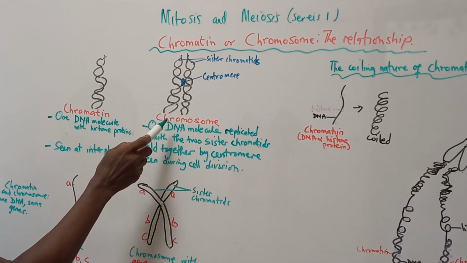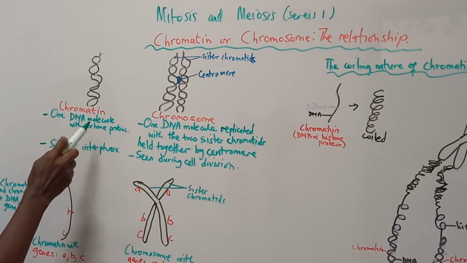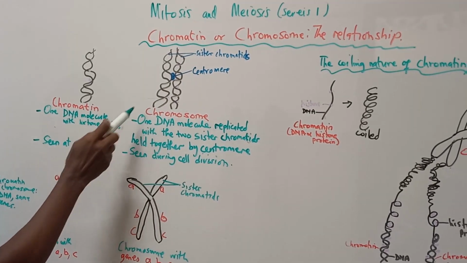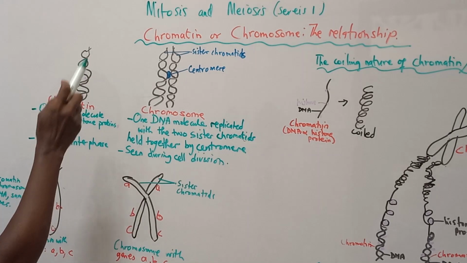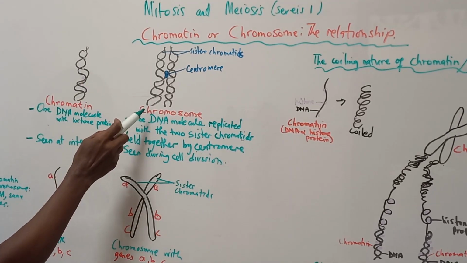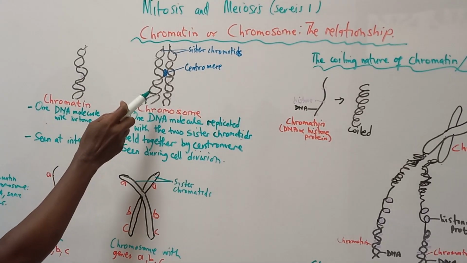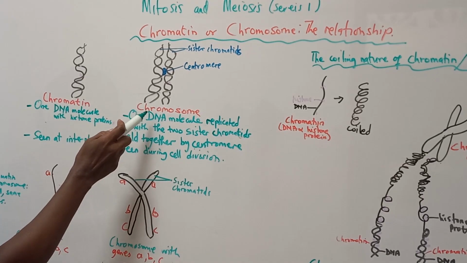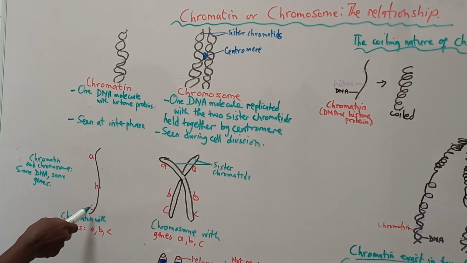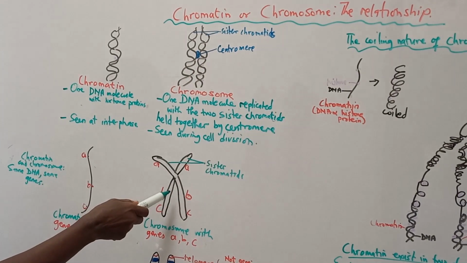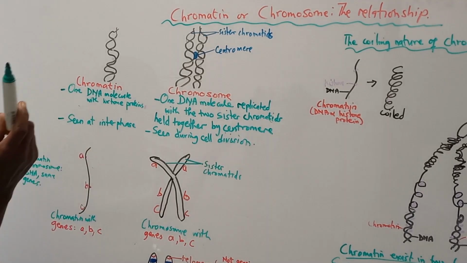So chromosome is chromatin replicated, the same DNA. If this is chromatin and this is chromosome, the two are the same one DNA.